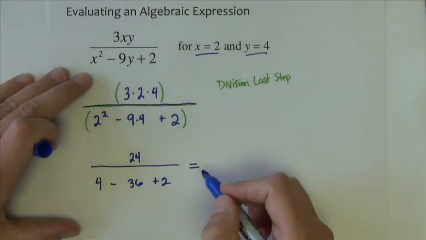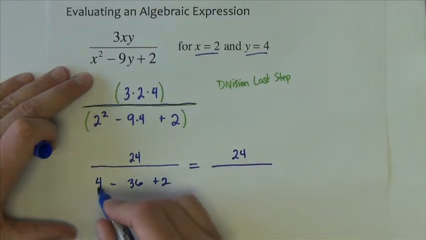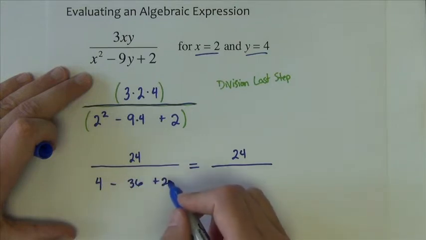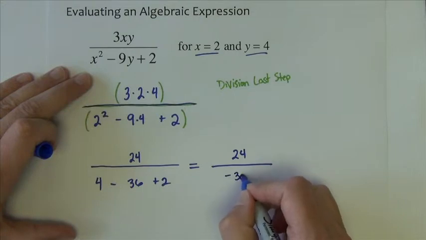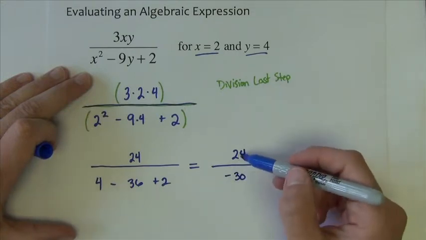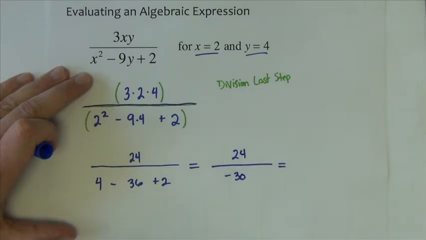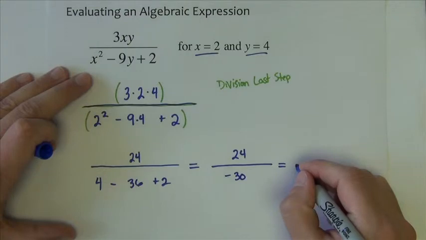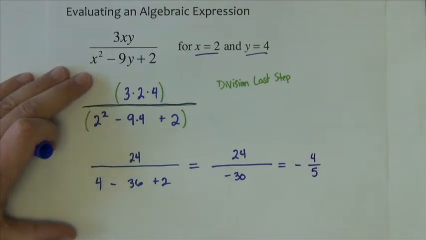So we've got 24 divided by, now I'm going to combine all this stuff in the denominator. 4 minus 36 plus 2 should be negative 30. Then I'm going to divide as the last step, and it's just like reducing the fraction. Both these numbers divide by 6, so we're going to get negative 4/5.